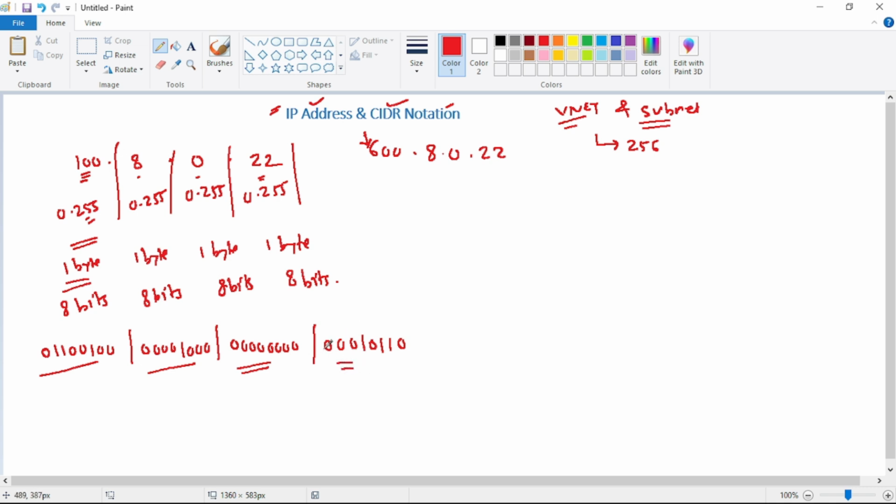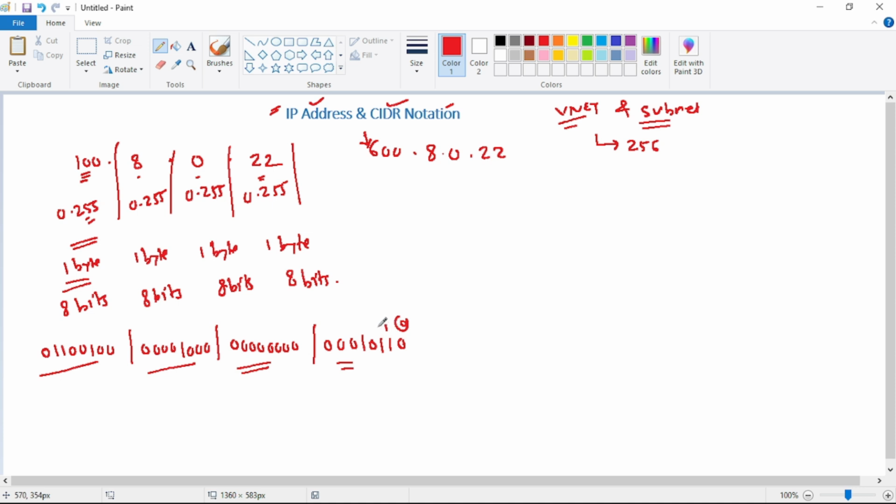Now let's try to understand how this conversion happens. So first of all, for 0, no guesses, all 0 means 0. Okay, now let's try to understand how we can convert these 8 bits into this 22. So first of all, let's decide the positions of these 8 bits. So this is my 0th position, this is my first position.